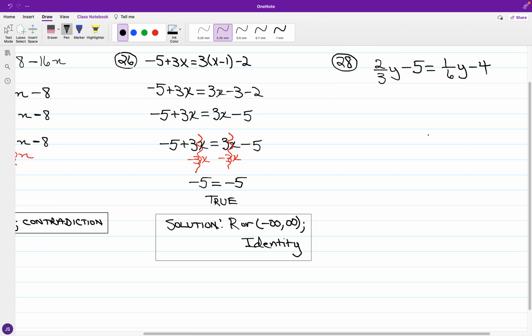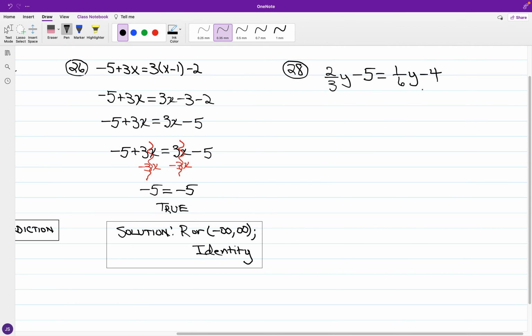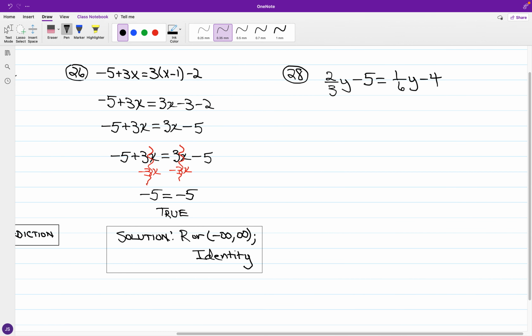You could technically combine the y terms as they are, but you can also modify the coefficients so we can take care of the fractions in advance. If you notice, you had 2/3 as one fraction, 1/6 as the other, and we can change the coefficients if we multiply all the terms by the least common denominator. The smallest number that both 3 and 6 will go into is 6.